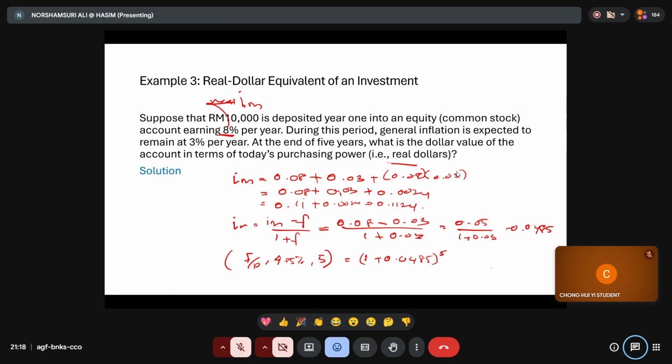You can put 10,000 here also, then you get the value.